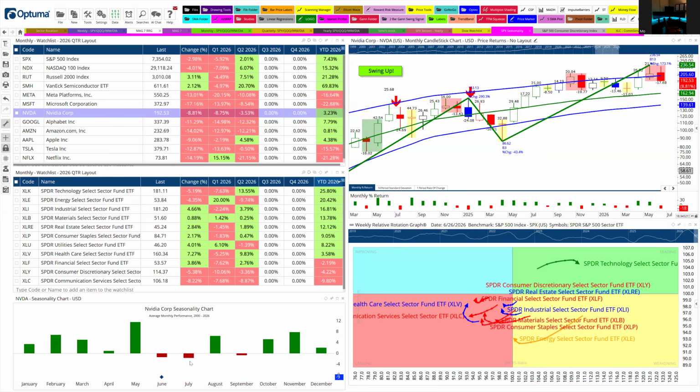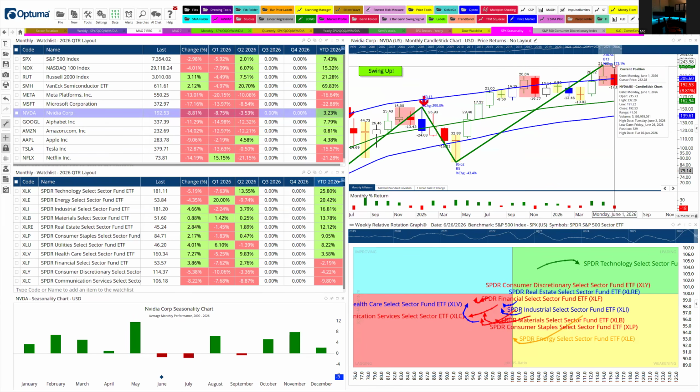See, NVIDIA looks rough, even next month as well. June, July is not good for NVIDIA. It can put in a bearish candle here as well at the close.